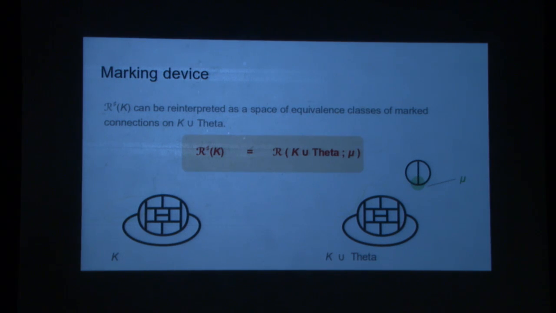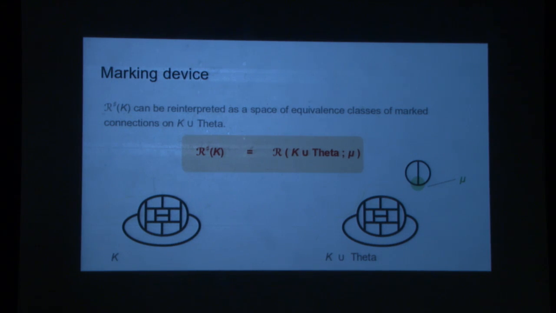The other part of this marking game is to introduce, somewhat ad hoc, an extra bit of graph which I'll take to be a theta. So given a graph K, I'm going to throw in an extra theta graph. I'm calling it a theta graph because when it's drawn on its side, it's a theta, together with a marking of one of the vertices. So the bit that I've thrown in is a gadget which admits a unique marked connection with no automorphisms.